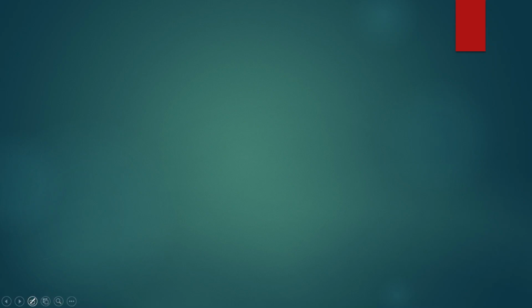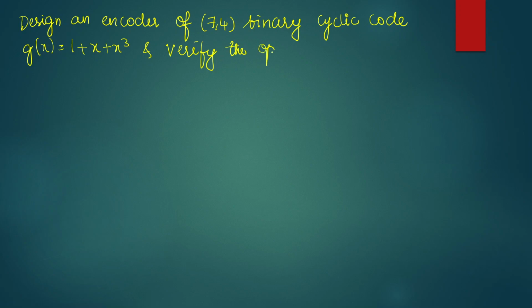The question is to design an encoder of a 7,4 binary cyclic code with the generator polynomial given by 1 plus x cube, and we need to verify the operation of it on the message vector 1011, for which we need to find the code word.